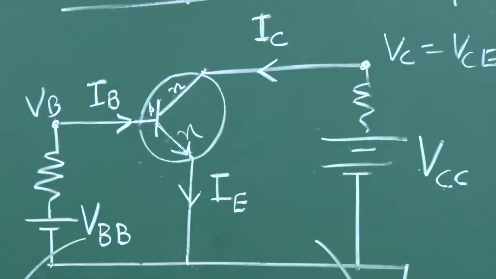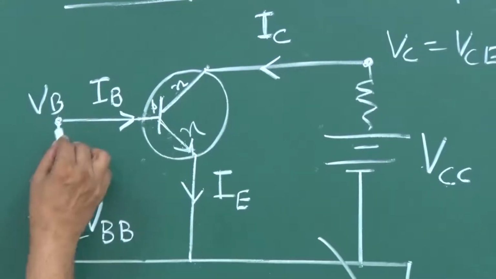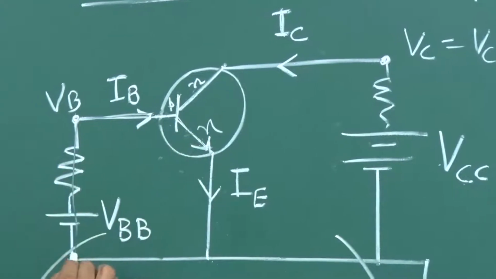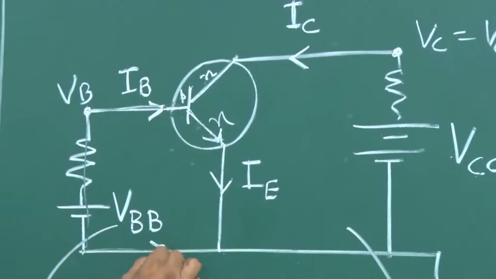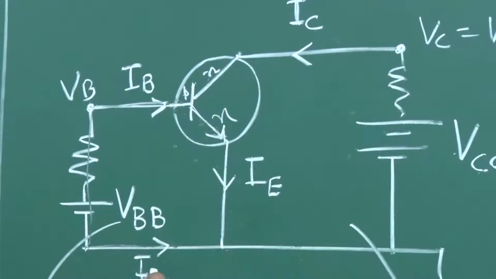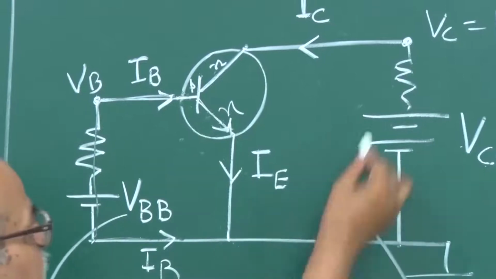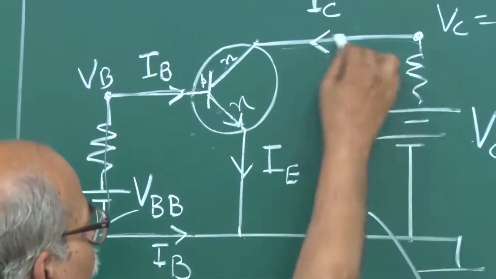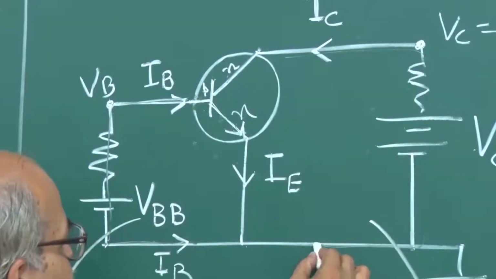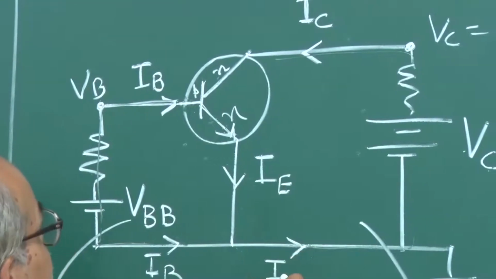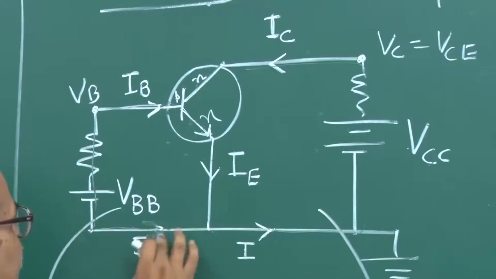So these are the symbols, and if this is IB, you can see that this is just a series circuit, and so the current here should also be IB. Similarly, if this is IC and this whole thing is series, you should have an IC out here.